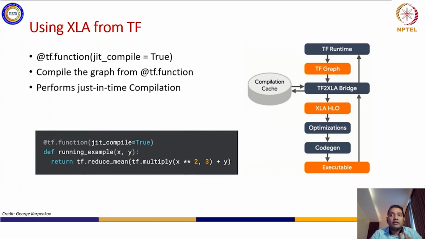Depending on the availability of already compiled code, you will not be generating new code for that. So it's highly efficient in that sense. Then you do the optimizations, code generation, and produce the executables. So that's the simple flow that we have.